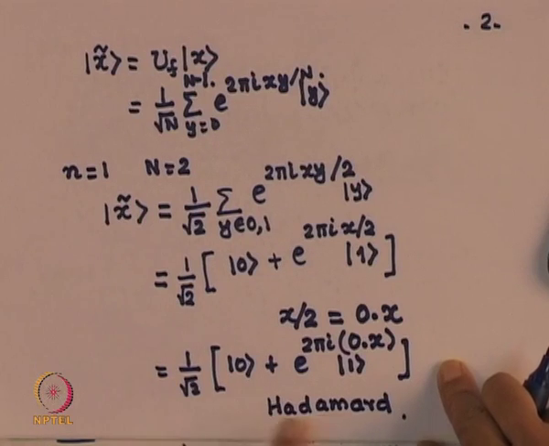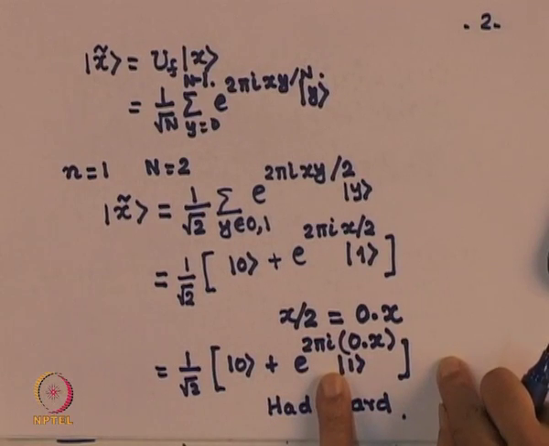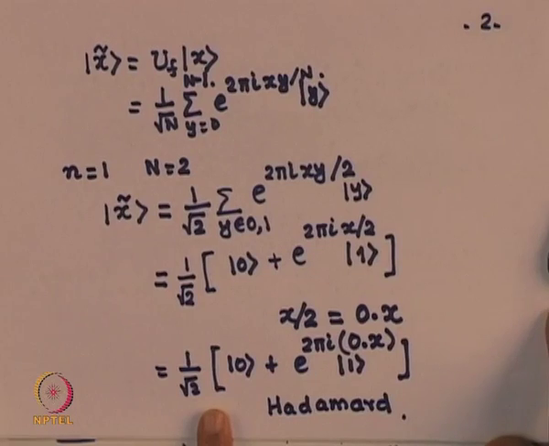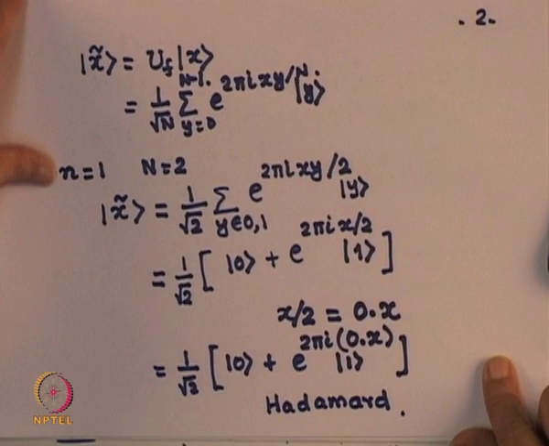On the other hand, if this x happens to be equal to 1, now remember 0.1 in binary point representation is 1 by 2, so that I get e to the power 2 pi i by 2, which is e to the power pi i, which is equal to minus 1. So, I get |0> minus |1> by root 2, which is as it ought to be in case of a Hadamard gate.